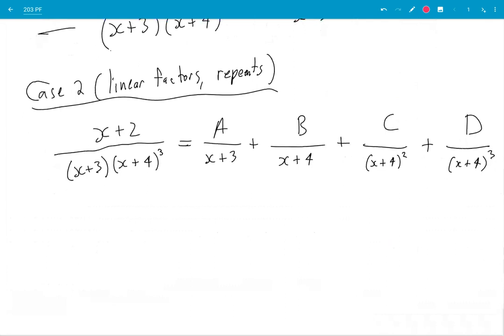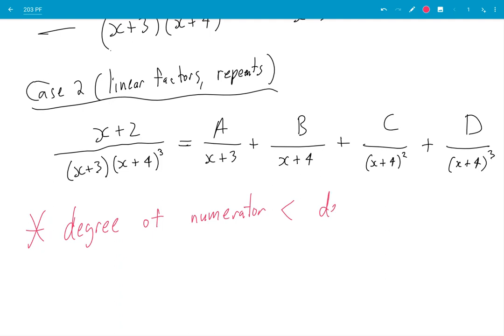So let's write that down. Degree of numerator is strictly less than degree of denominator.